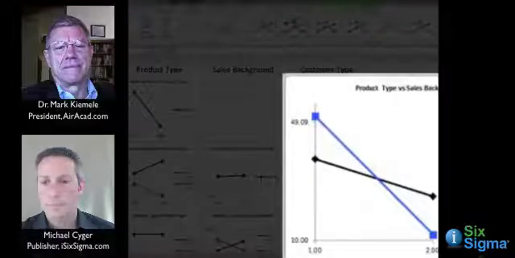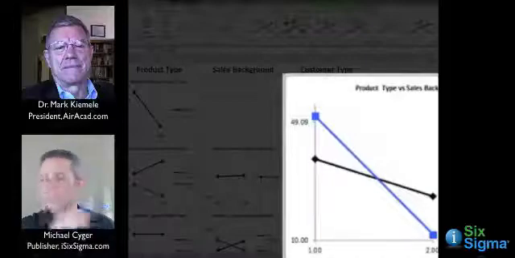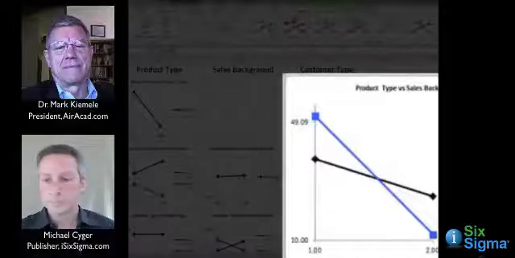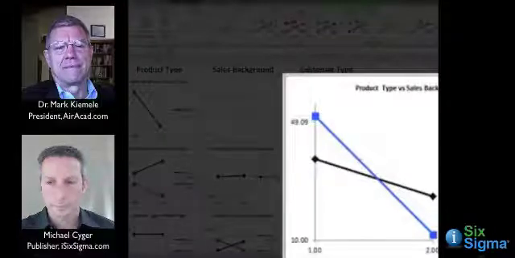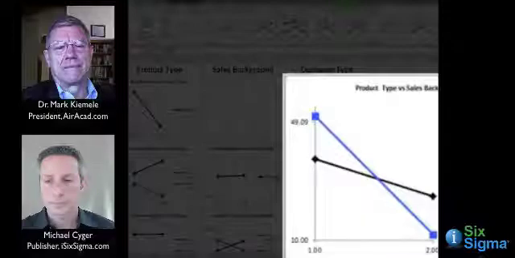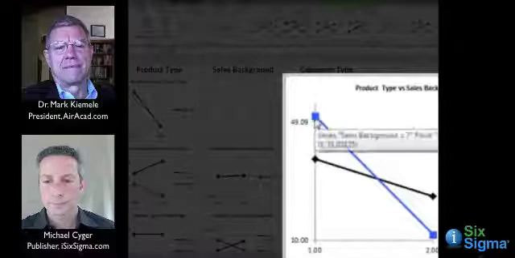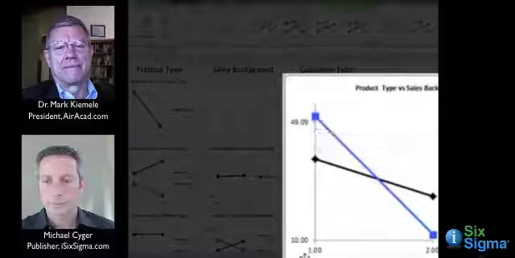So it's information like this, Mike, that allows the practitioner, in this case the director of sales, to say, hey, we've got maybe an educational issue here on training. These different sales backgrounds are coming in from two different companies, and maybe we've got to train. But for right now, we're getting the best bang for the buck by assigning sales background 2 to product 1 and sales background 1 to product 2.